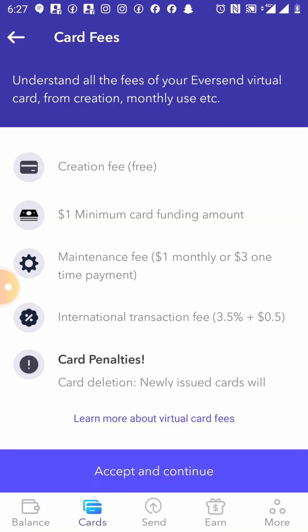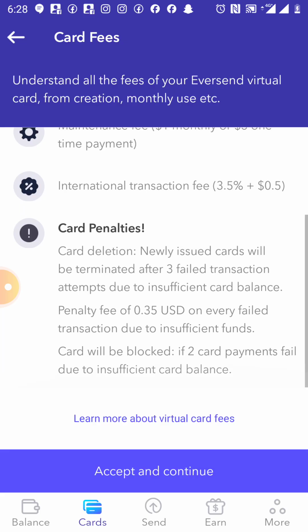$3. So for $1, it basically means that every month they are going to be charging us, or we are going to be cancelling that card automatically. We may not even cancel it automatically, but since we put just funds for one transaction, they're already telling us among the penalties here, card will be blocked if 2 card payments fail due to insufficient card balance.